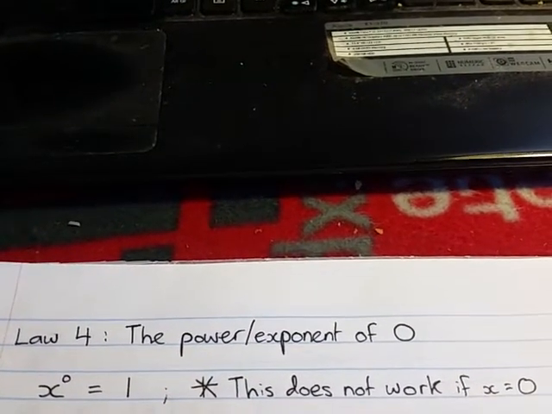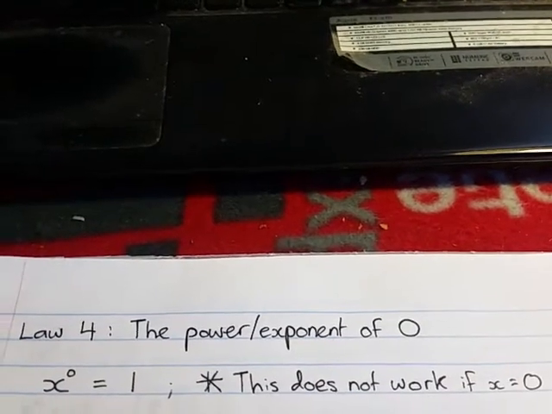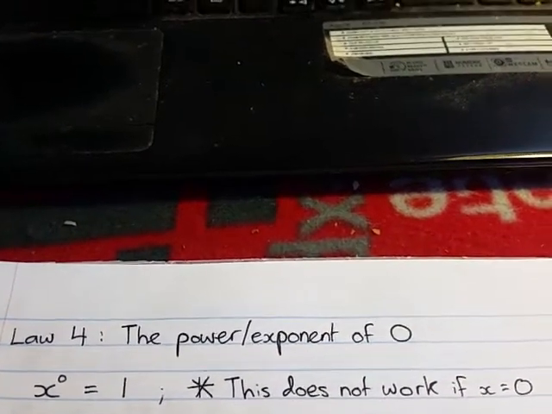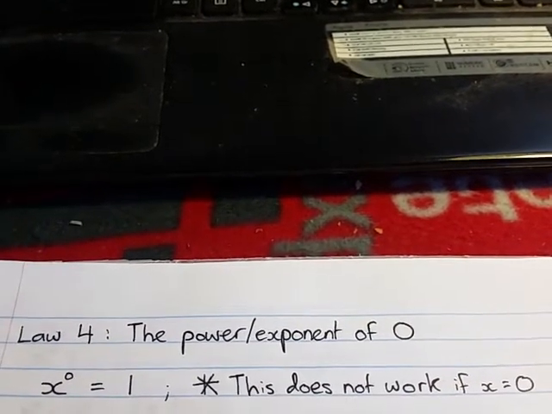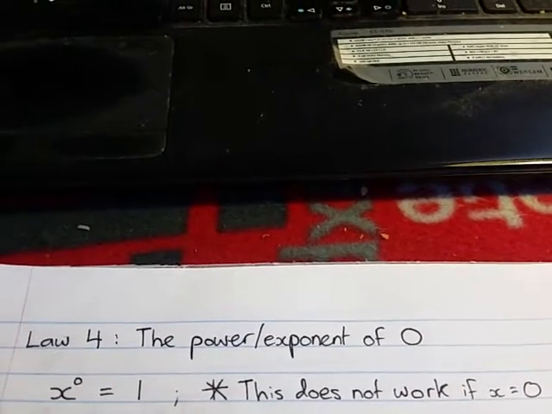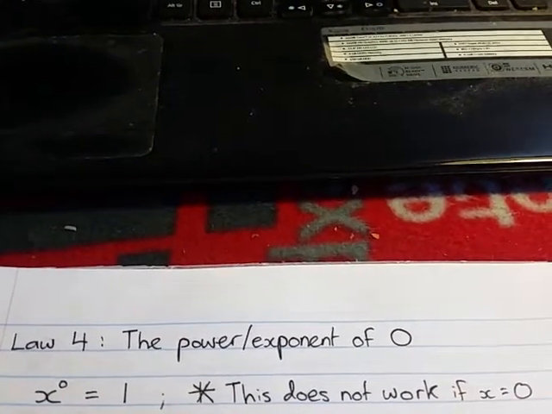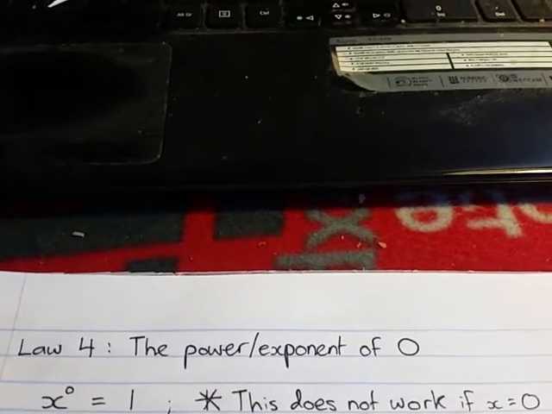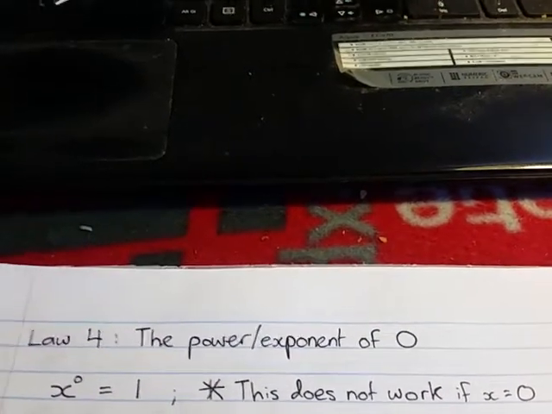So you notice there's a clash of laws. Hence, if you typed in 0 to the power of 0 in your calculator, it will give you either a math error or undefined. But every other situation, anything raised to the power of 0 simplifies that thing into 1. Although there are different circumstances.